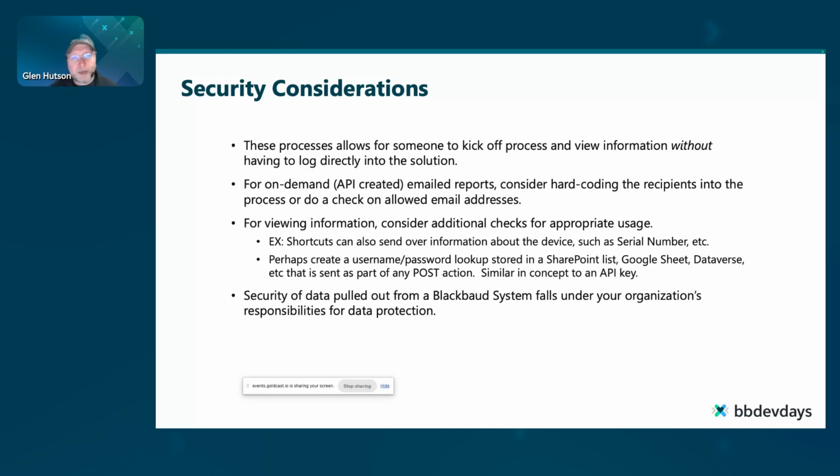Maybe even create an ad hoc username lookup stored in SharePoint, a Google Sheet, or Dataverse that's also sent as part of any post action, almost similar in concept to an API key. So especially if you're displaying it, whenever they click on the button, it will automatically display, so you want to make sure there's some additional check behind the scenes that the right people are viewing it, especially if you've got some personally identifiable information.